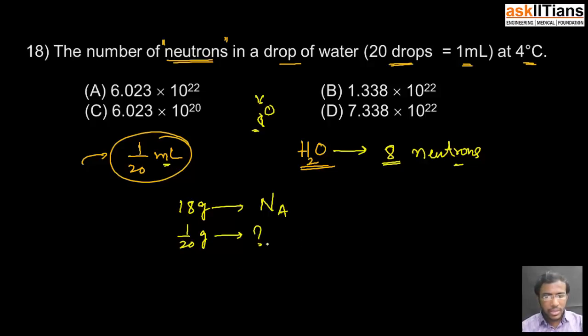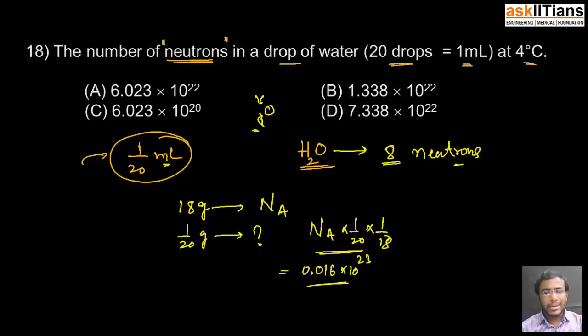This will give you the number of water molecules in one drop. This is equal to Na into 1 by 20 into 1 by 18, which is roughly 0.016 into 10 power 23. This is the number of water molecules, and each water molecule contains 8 neutrons.